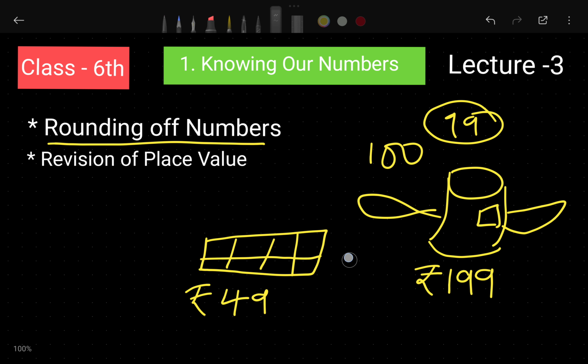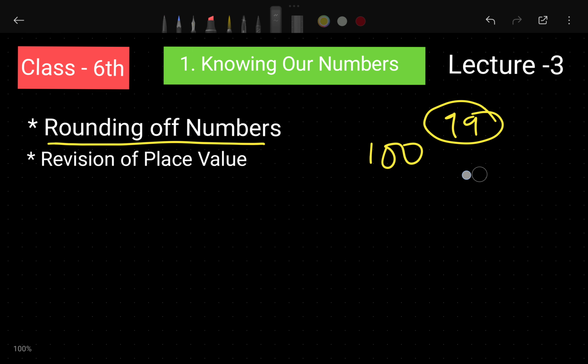Let me erase this first. Dear students, you have to focus on two or three points in this lecture about the rounding of numbers.